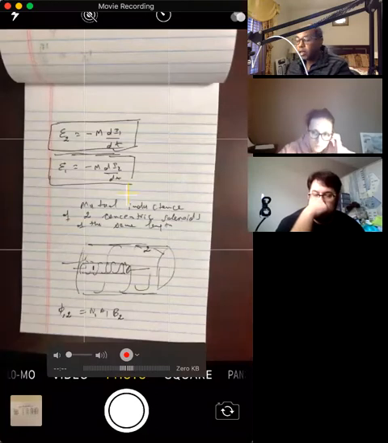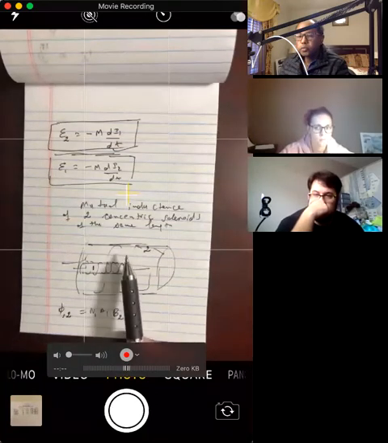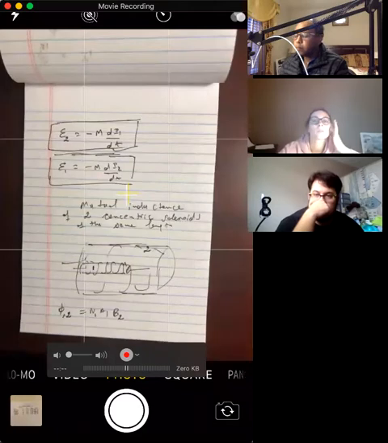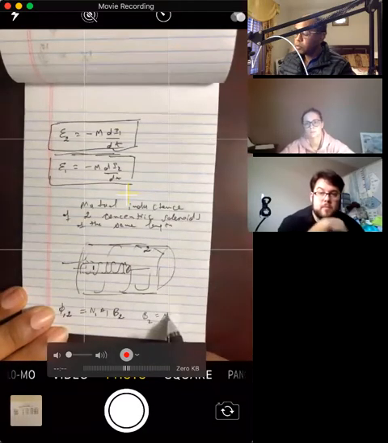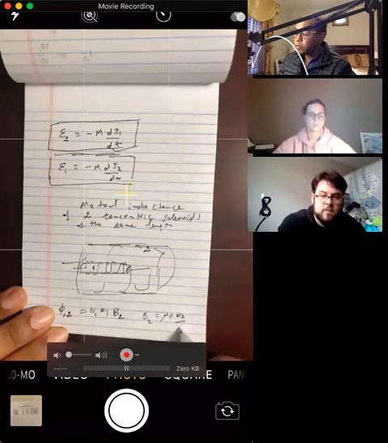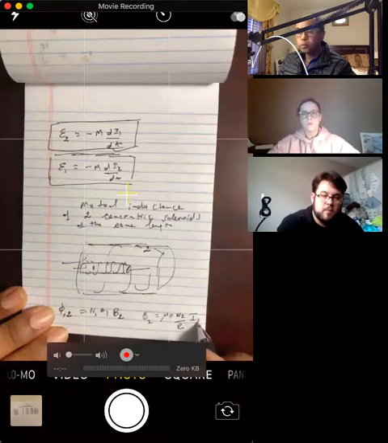That is the flux crossing 1 due to the current in 2. And what's B2? B2 is mu naught N2 divided by the length times I2.